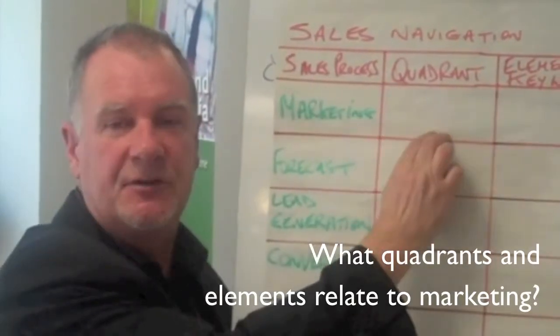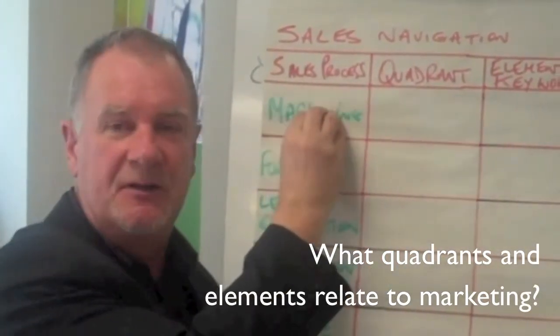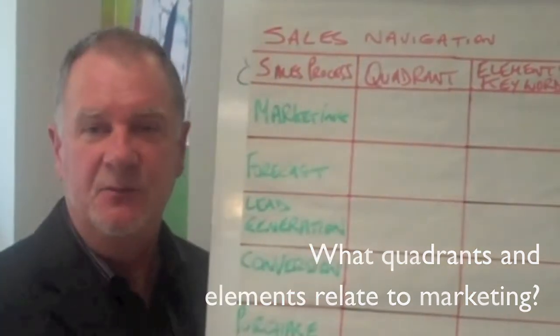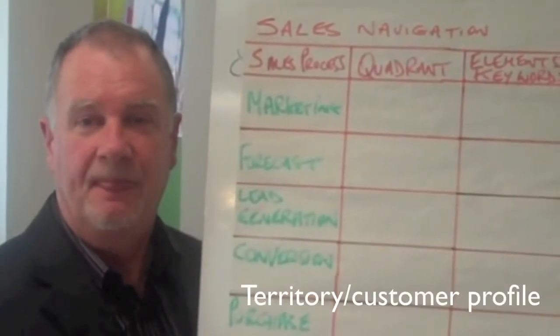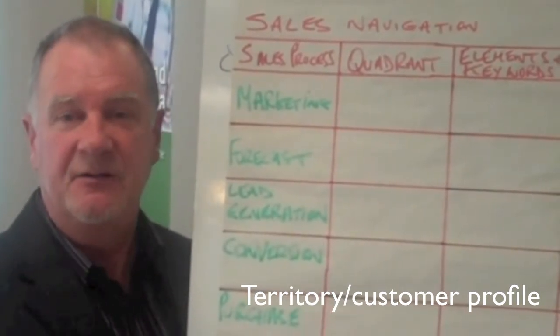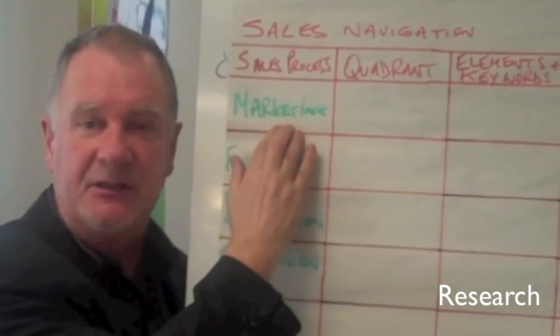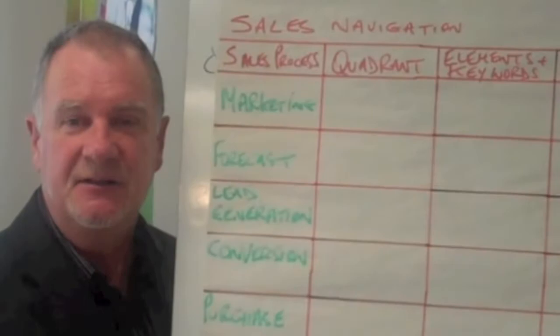So what quadrants might be important to the marketing process in terms of engaging with our customers? The quadrant is going to be about territory. So in terms of our territory, what's our customer profile? What research do we need to engage with them?